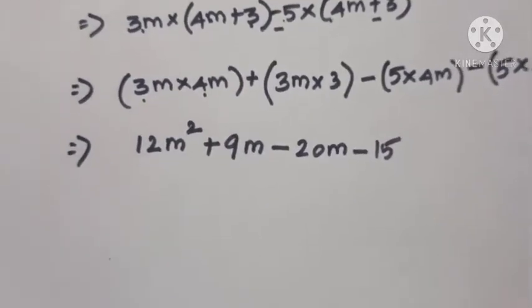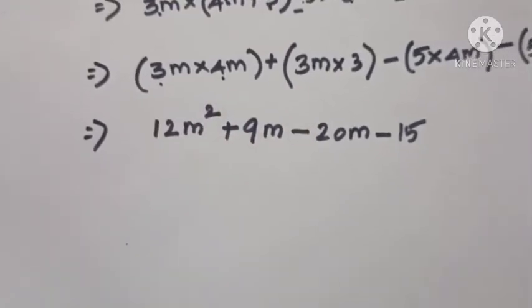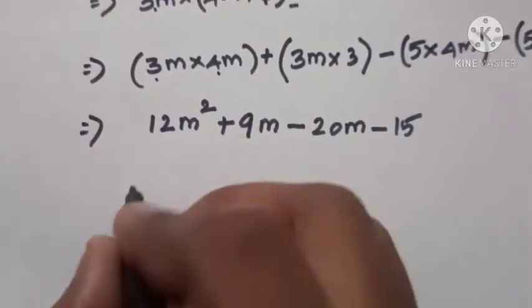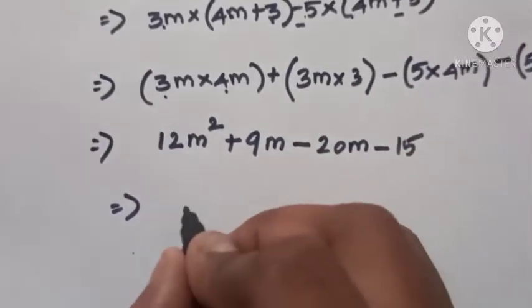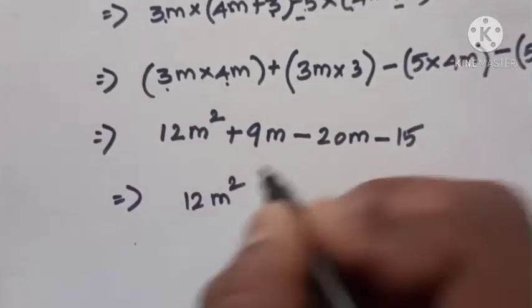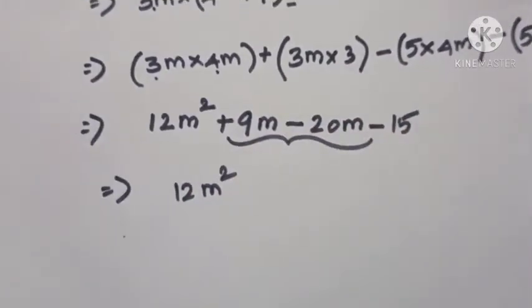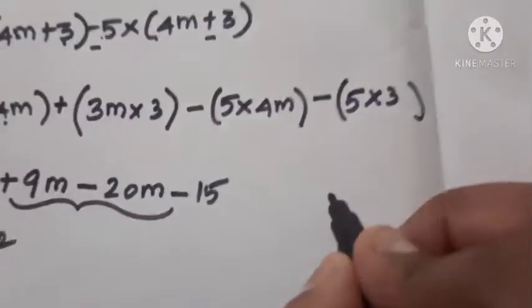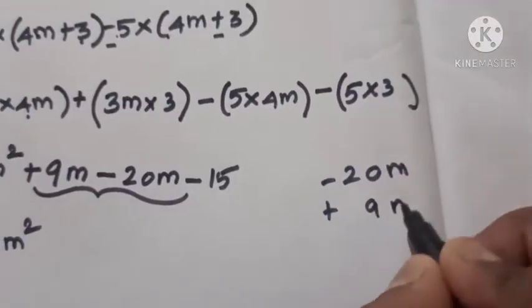In this condition we need to look at the like terms, whether you need to add or subtract. Here there is no other m square, so you keep 12m square as it is. You can see these 2 are like terms: one is minus 20m, another is plus 9m.